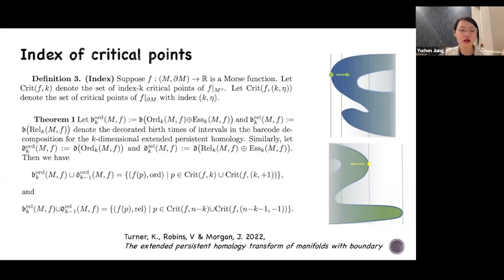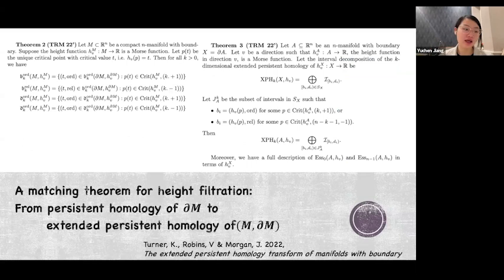And for the height filtration over a compact n-manifold with boundary, the story gets even better. In fact, we can completely characterize the extended persistent homology of the manifold as a submodule of that for its boundary.